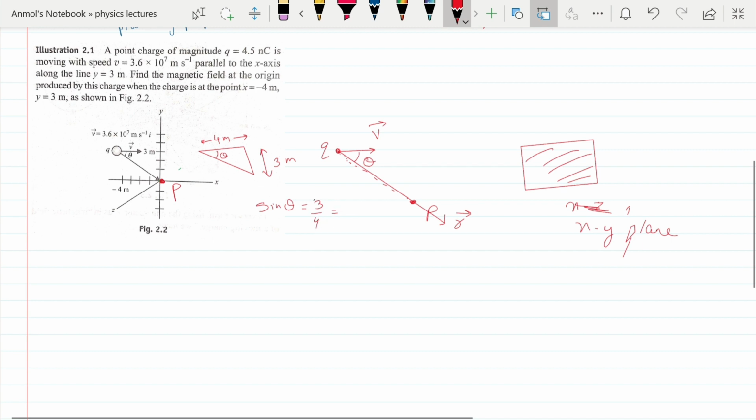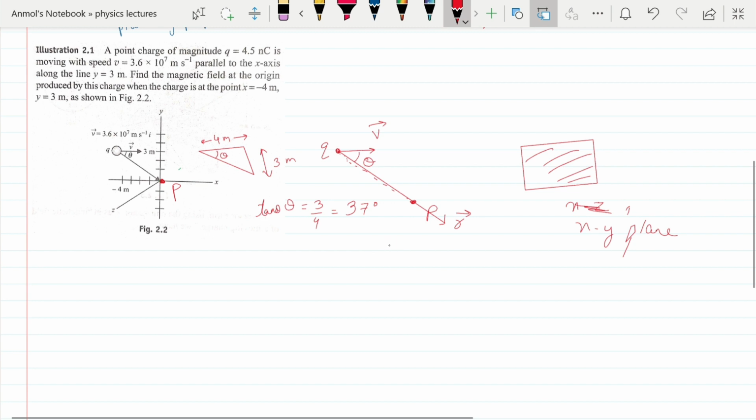I'm sorry, it should not be sin theta, it will be tan theta. So tan theta is 3 by 4. When do you get this? When this angle is how much, sir? 37 degrees.